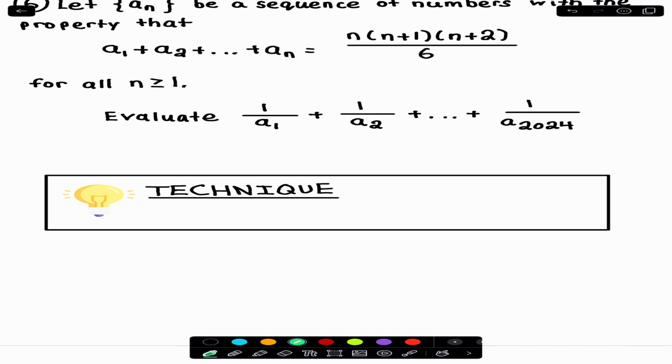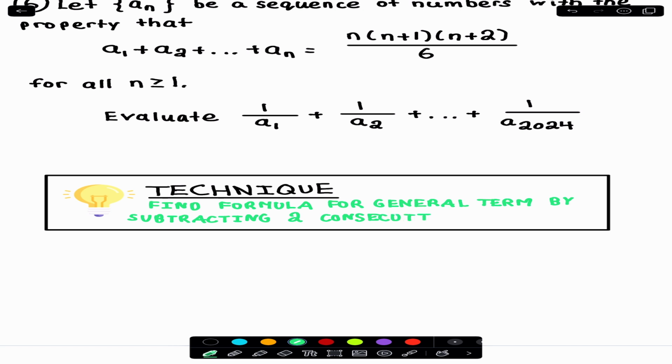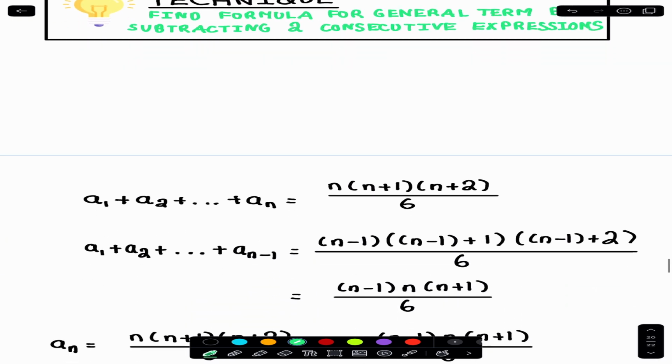This technique was to try and find a formula for the general term, so just like the previous problem, but this time we did it by subtracting two consecutive expressions. And I say consecutive because it's one after the other.